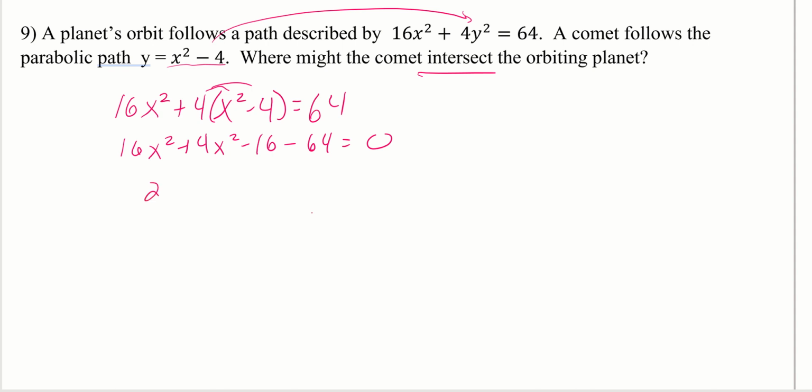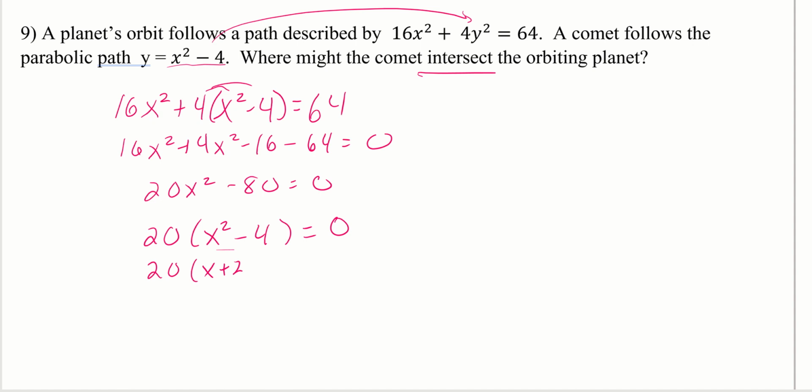So what do we got here? Like a 20x squared minus 80 equals 0, which really makes it nice because now I can take out a GCF, 20, and then x squared minus, believe it or not, is 4. And so here you can solve this, or if you notice it's a perfect square, x plus 2, x minus 2.